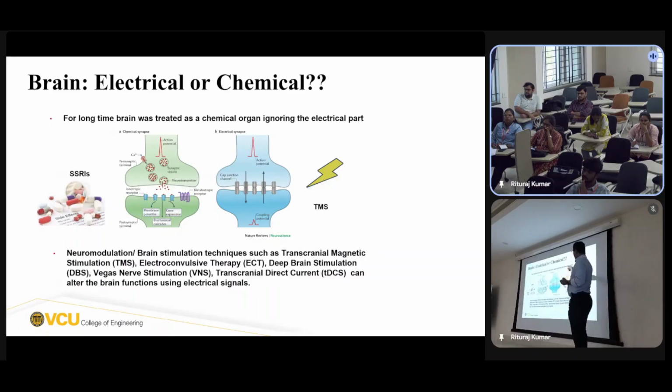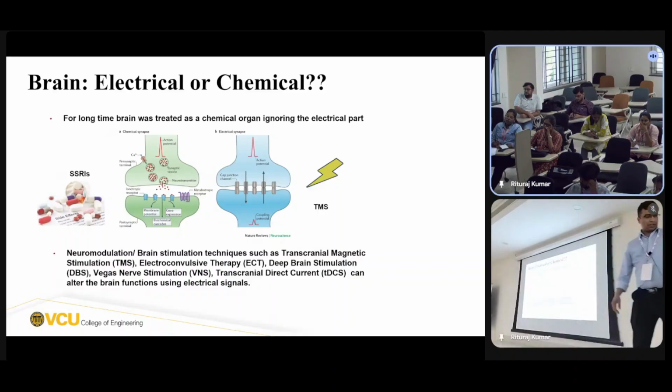You can make two neurons communicate just by applying an electric current or magnetic field and make the neurons fire. That's what we are going to talk about in this class. This is what is called neuromodulation, or brain stimulation. We make neurons fire without drugs.